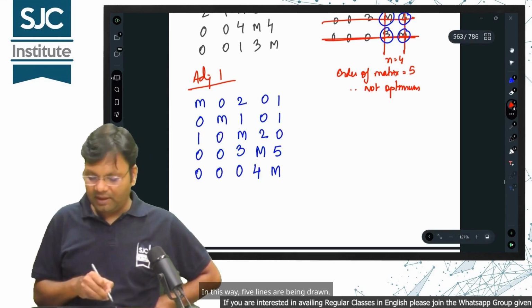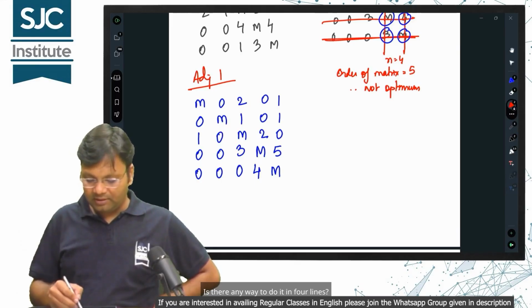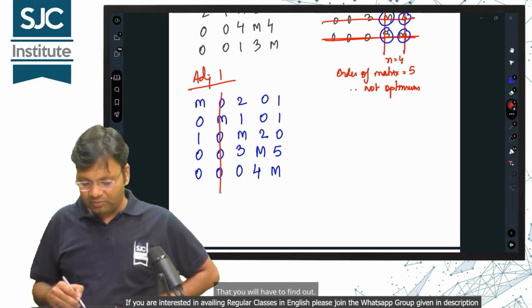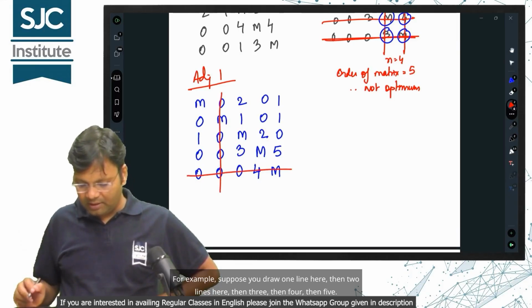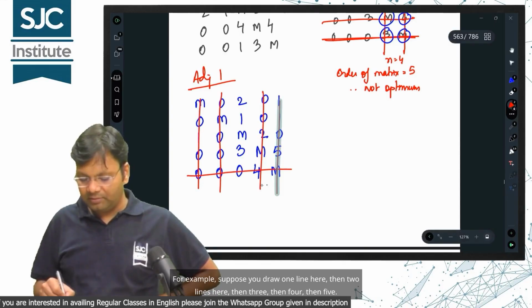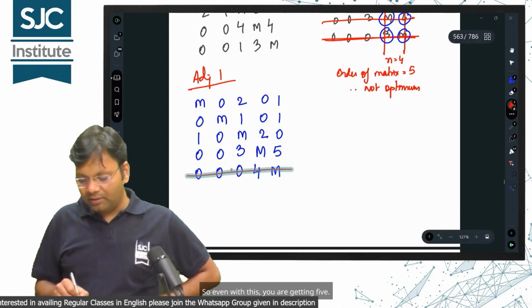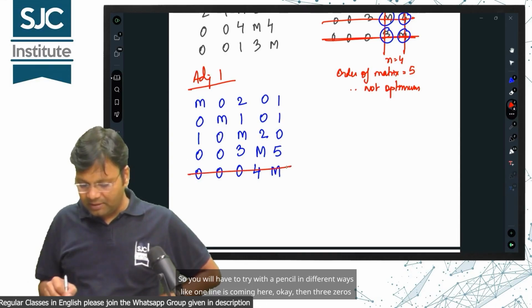In this way, 5 lines are being drawn. Is there any way to do it in 4 lines? That you will have to find out. For example, suppose you draw 1 line here, then 2 lines here, then 3, then 4, then 5. So even with this, you are getting 5. You will have to try with a pencil in different ways.